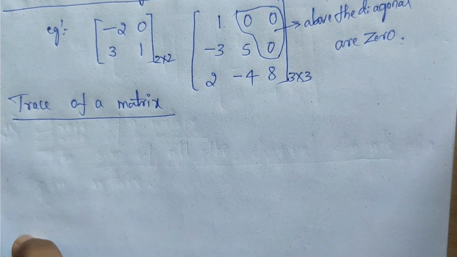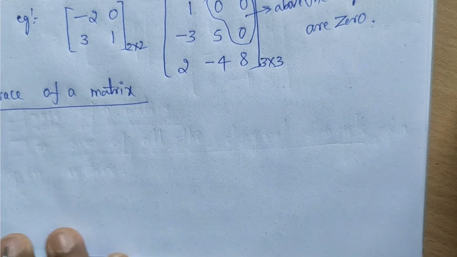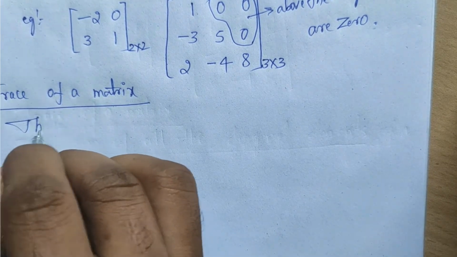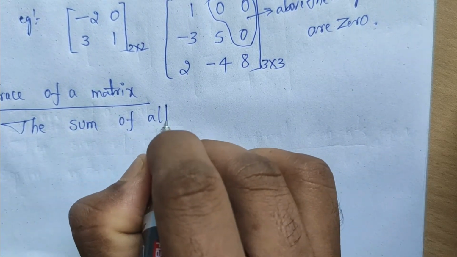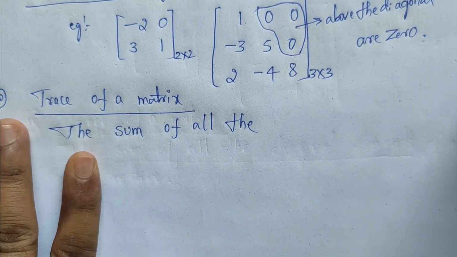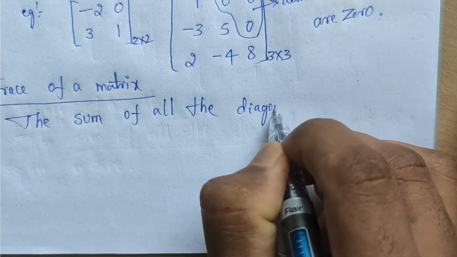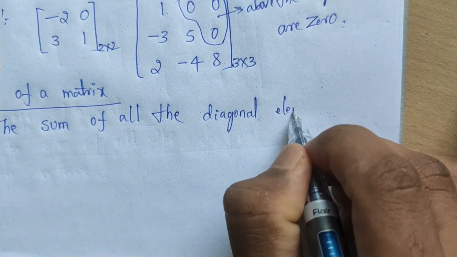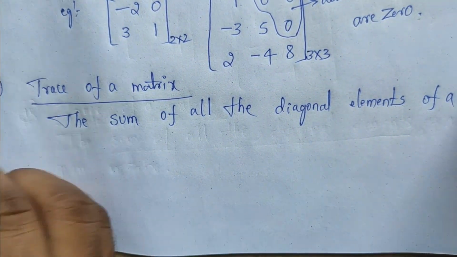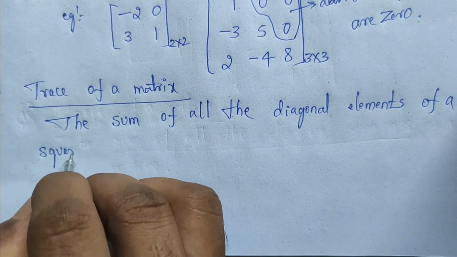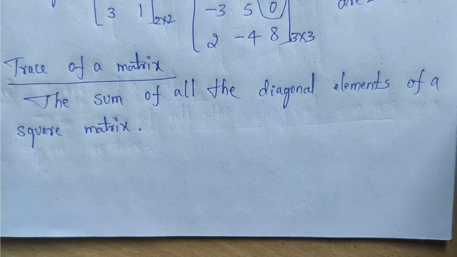The sum of all the diagonal elements of a square matrix is called the trace of a matrix.